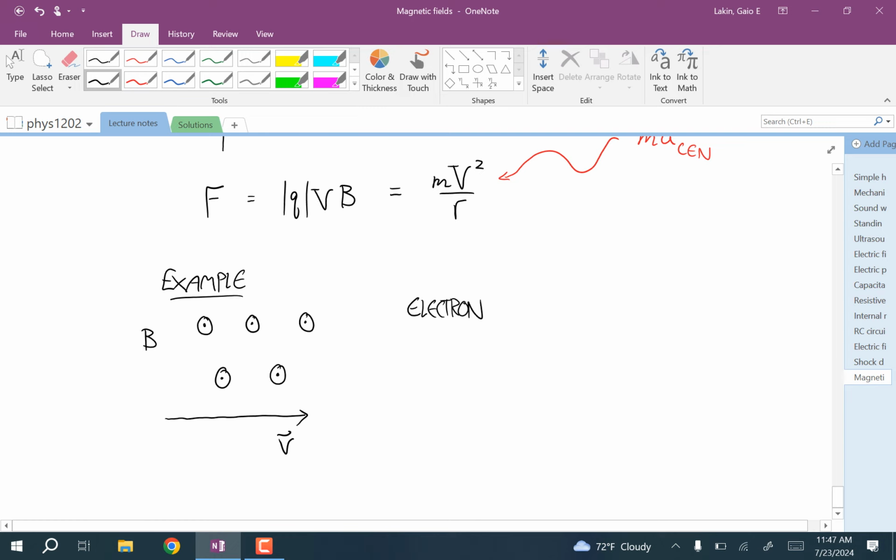And let's say that the strength of the magnetic field is 2.5 times 10 to the minus second Tesla, and the speed is 8 times 10 to the 6th meters per second.